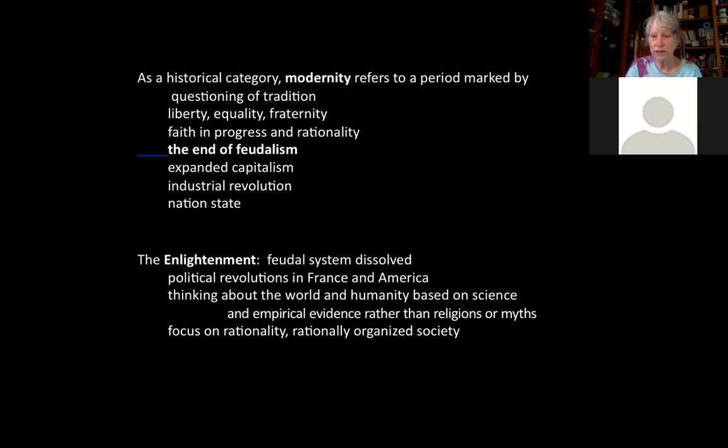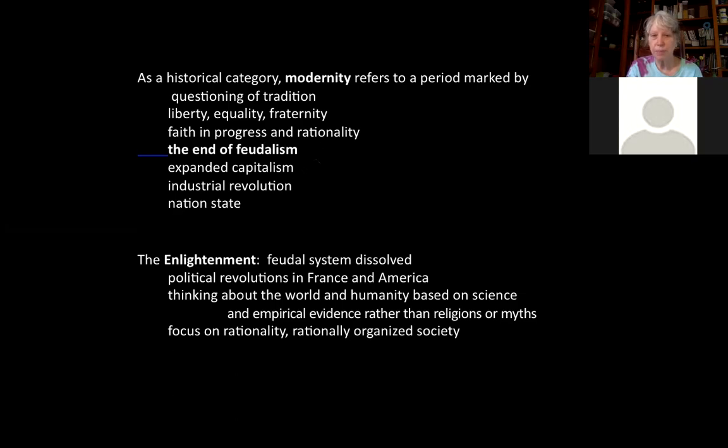We're just questioning all of that. People were thinking more in terms of these concepts of the French Revolution: liberty, equality, and fraternity. That means solidarity amongst non-aristocrats. Those were the slogans of the French Revolution, and to some extent the American Revolution.